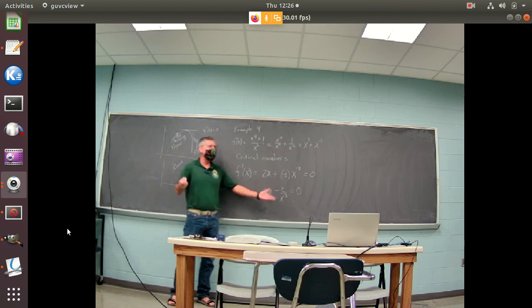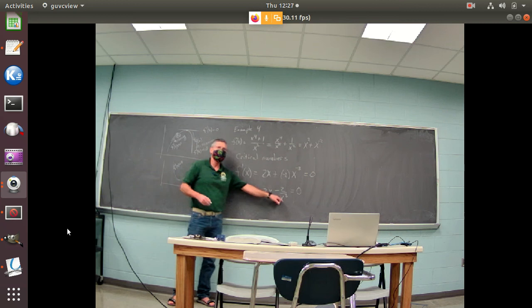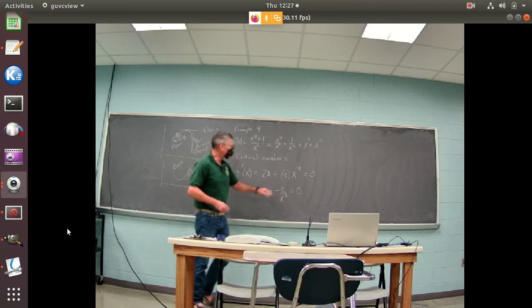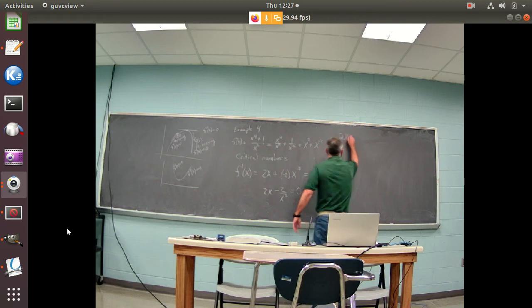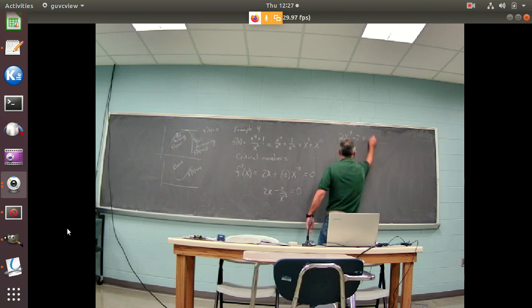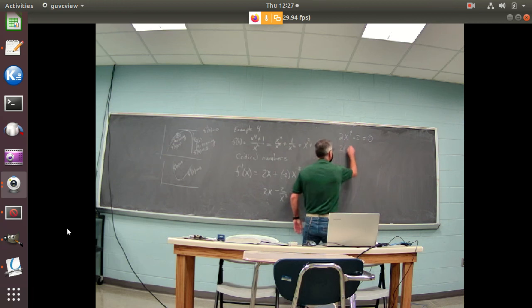But if x is not 0, this is fine, and so I could multiply everything through by x cubed to get rid of that denominator. When I multiply everything through by x cubed, I have 2x to the 4th minus 2 is equal to 0. That's convenient, so divide everything by 2.